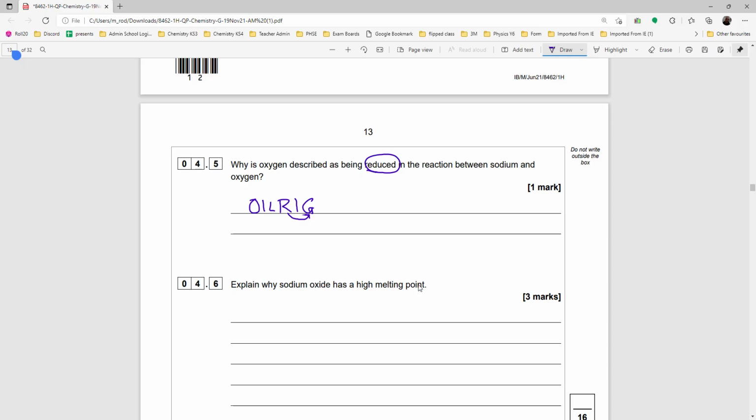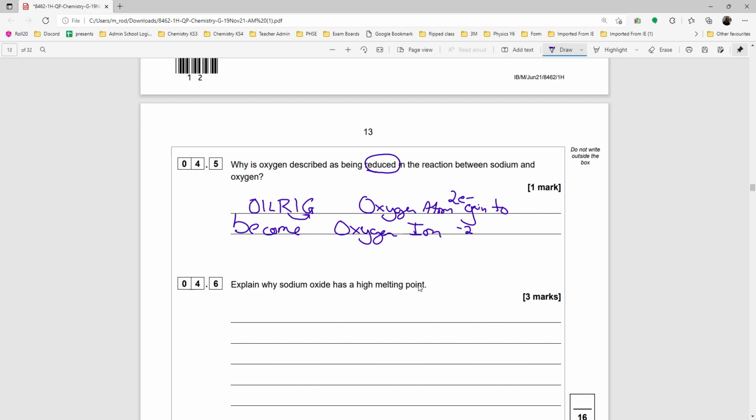Reduction is gain of electrons, so I can just say that the oxygen atom gained an e- to become an oxygen ion. But it didn't gain just 1, it gained 2 electrons to become an oxygen ion of -2.